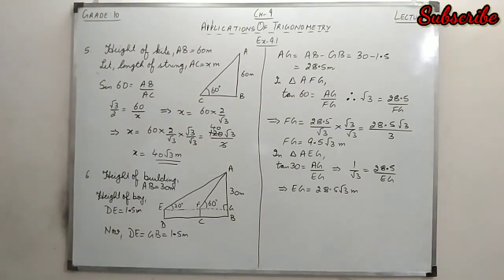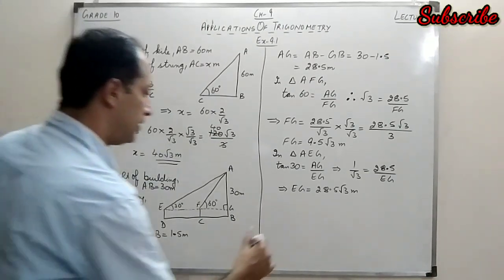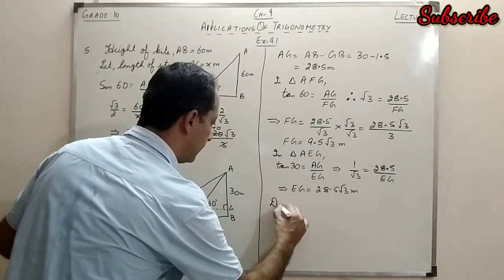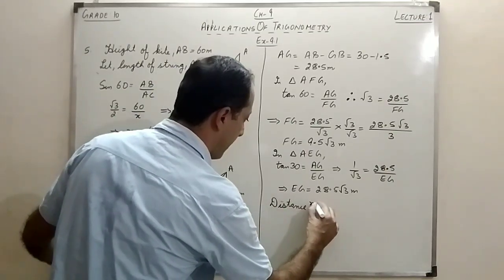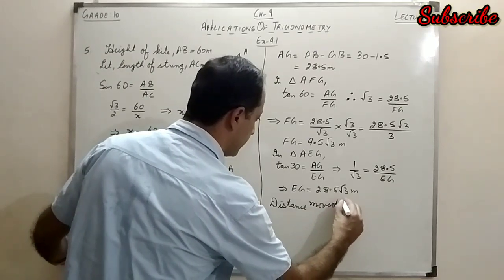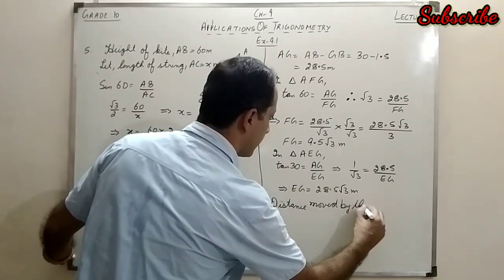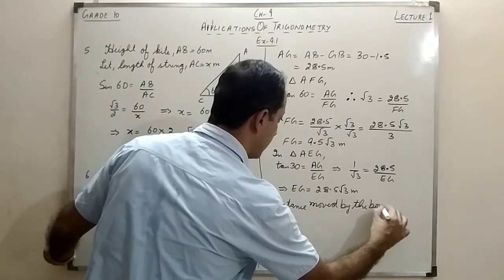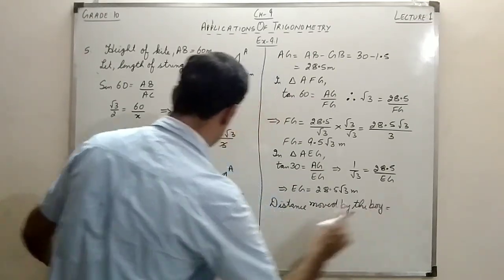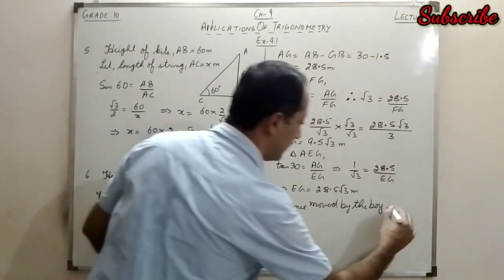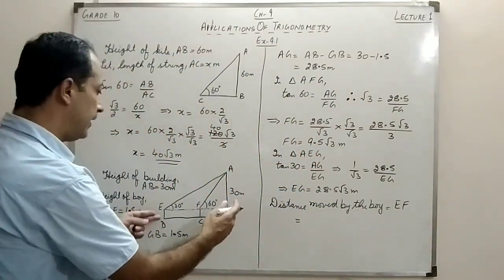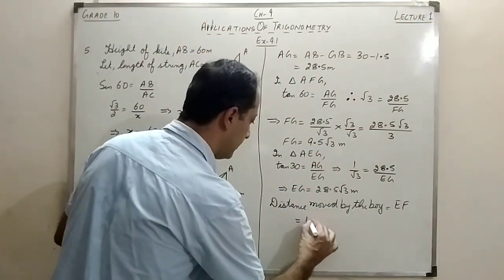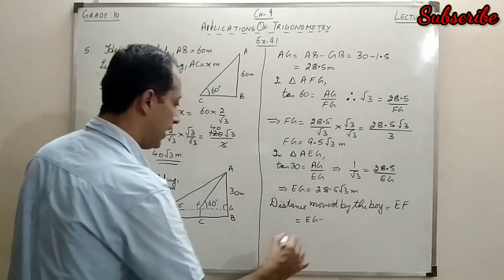Now we have to find the distance moved by the boy. The distance moved by the boy is EF, and this is equal to the complete length, EG, minus FG.